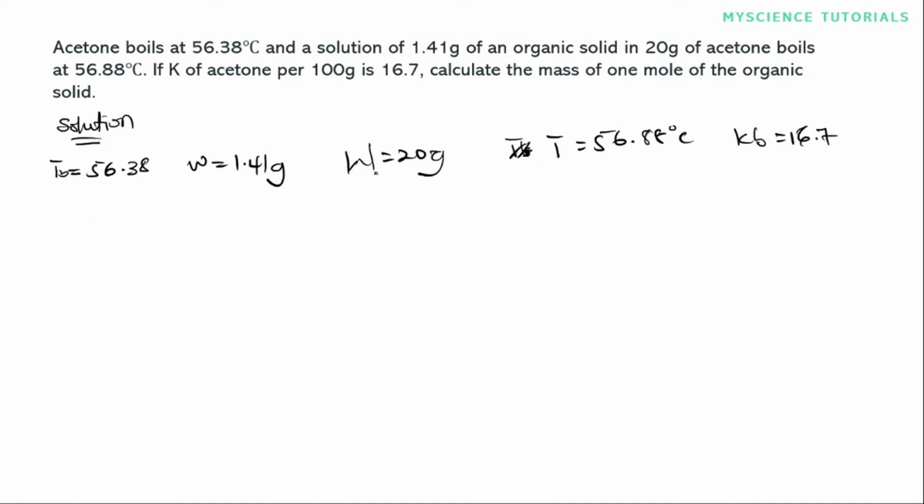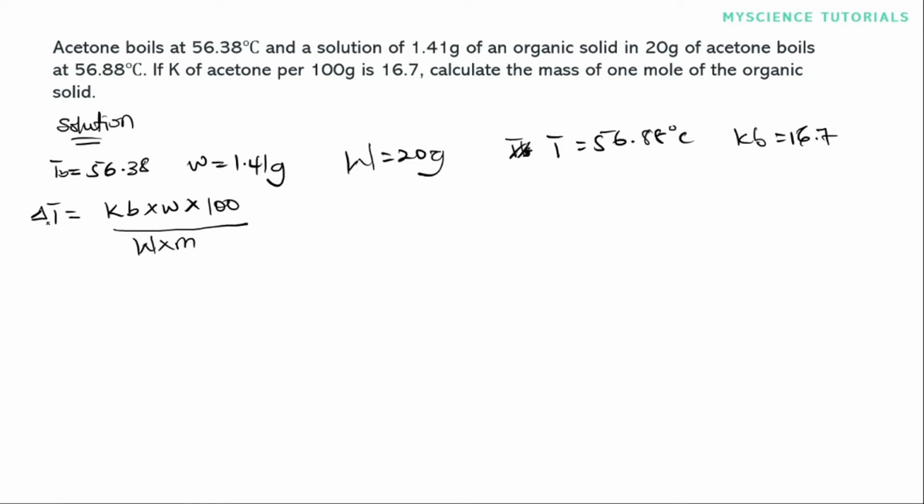So from here we know our delta T is equal to the formula Kb multiplied by small w, multiplied by, because they are saying if K of acetone per 100 grams, so we are using 100, all divided by capital W multiplied by small m.